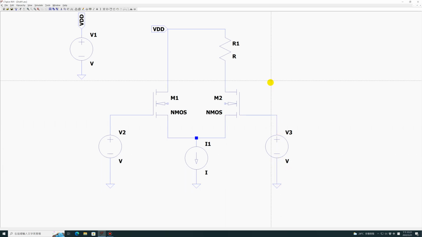For most MOS, the body is connected to the source, right? So it has to be connected like this. Alright, so now we can change the signal. Here is the Vin, and this is a bias source, we call it VB.